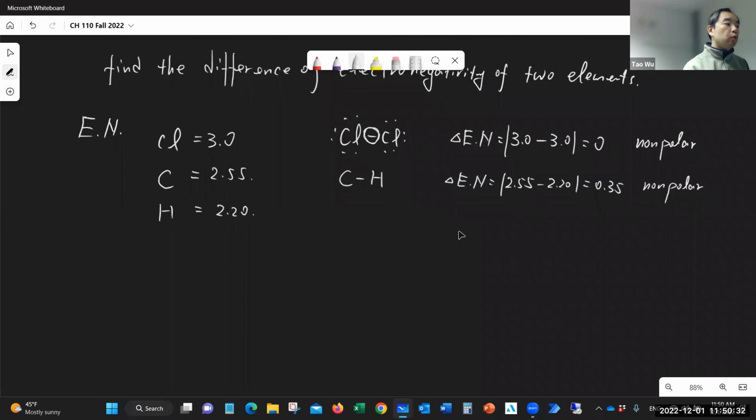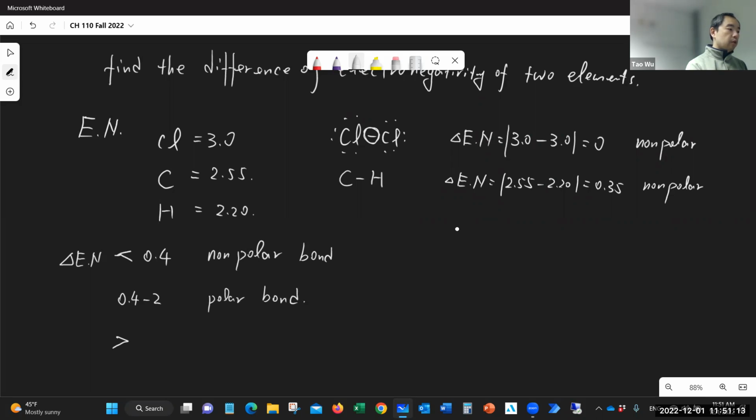So the general rule, I'm going to write a rule over here. If the difference of the electronegativity is smaller than 0.4, we assume this is nonpolar. They are having a nonpolar bond. But in between 0.4 to 2, we assume that's a polar bond.